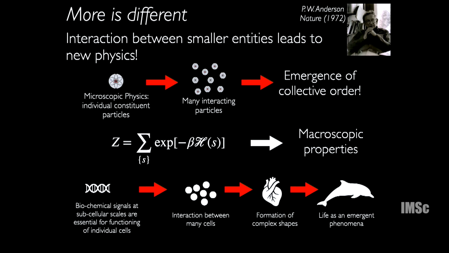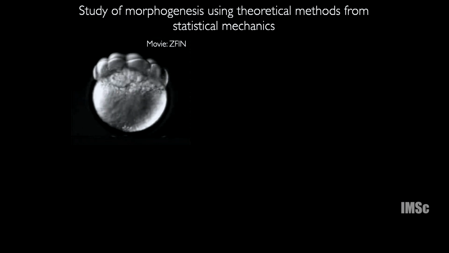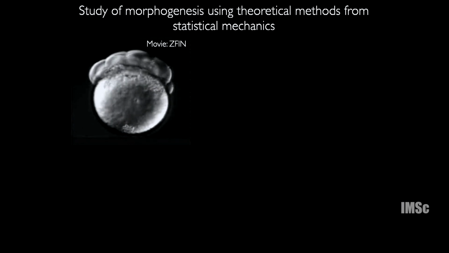I'm putting it a little naively because it is far-fetched, but what I'm trying to say is, can one see the development of an organism, or the process of morphogenesis, as an emergent phenomenon which comes about because there are different scales, and at every scale there is a broken symmetry? Just to give you an example, I show you the development phases.